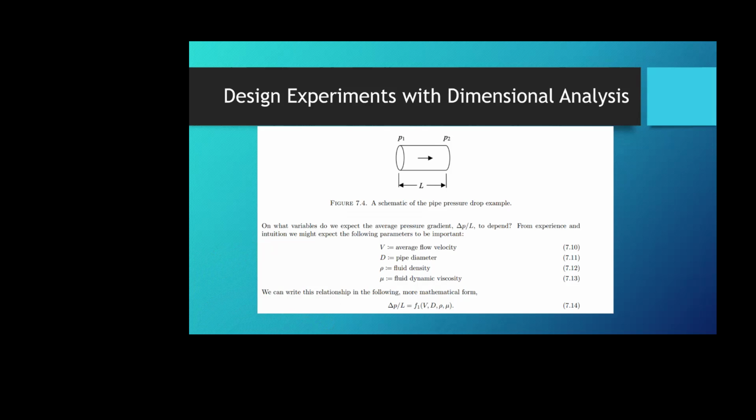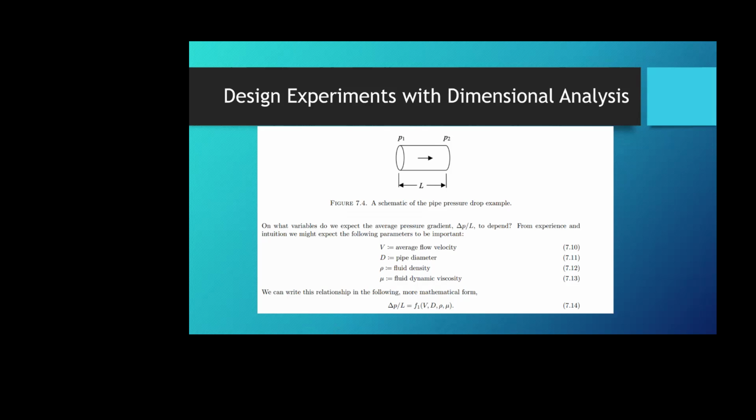There are four variables. There is one dependent variable which is combined. Delta P divided by L is a combined variable. First, the left-hand side has to have the same dimensions as the right-hand side. This has the same dimensions as whatever comes here. And then after, you have to evaluate how the left-hand side behaves under the changes of the variables of the right-hand side.